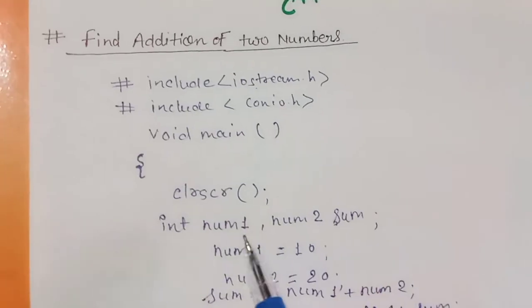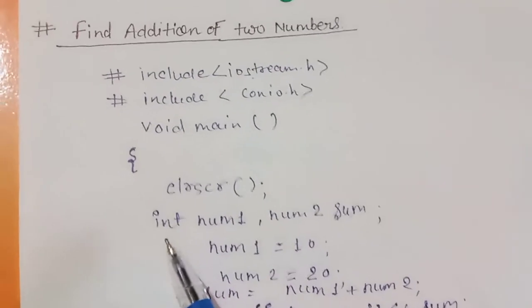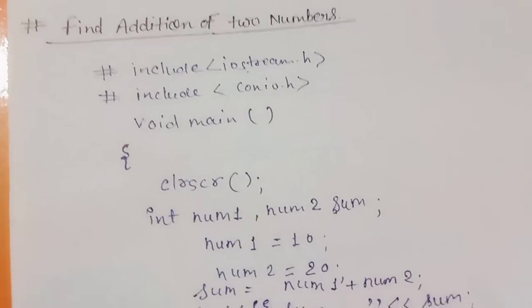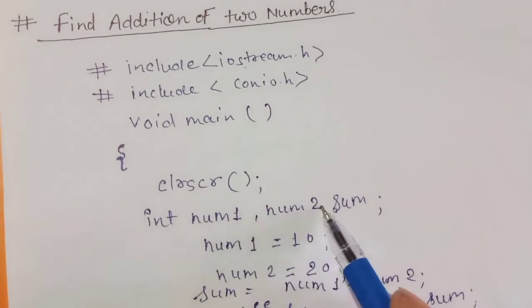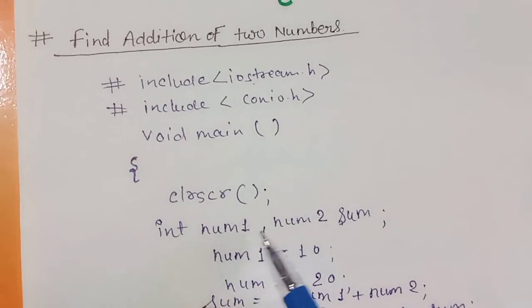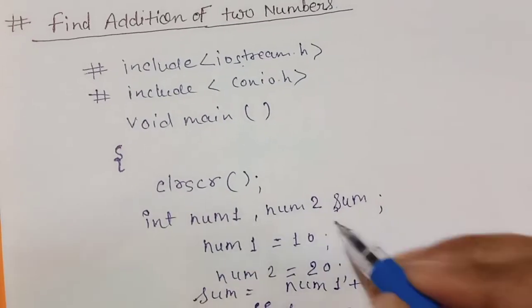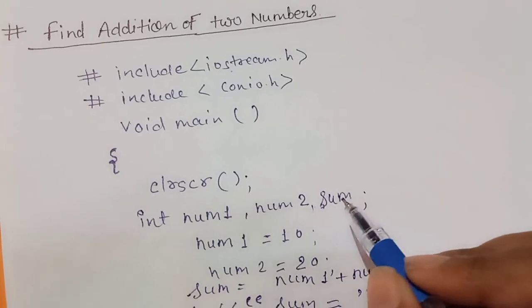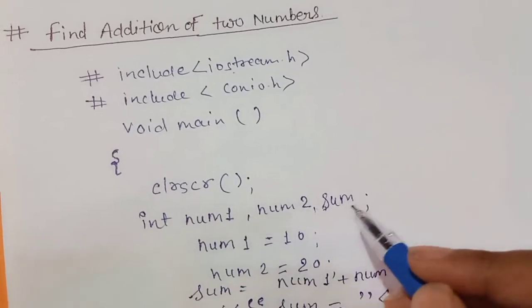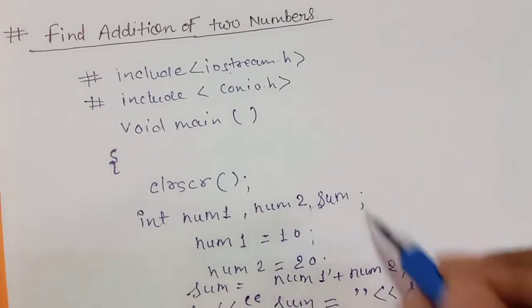So we use int. I am taking num1 and num2, so you write int num1, num2, and sum. Sum is the variable that will hold the sum of the two numbers. Here I will use the semicolon as well.